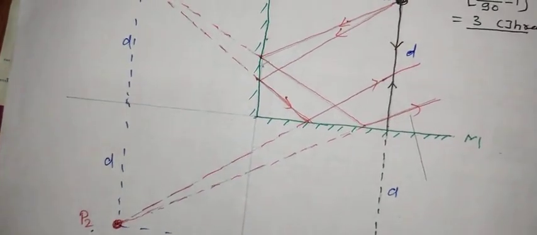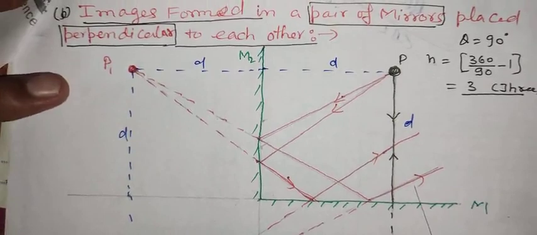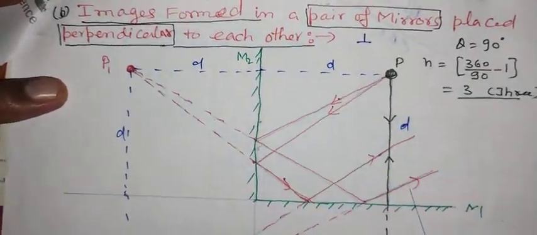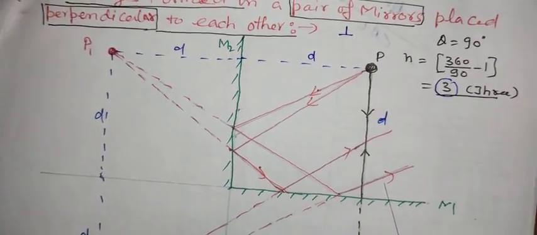By this diagram we can clearly see that when the pair of mirrors is perpendicular to each other, the number of images formed is 3.